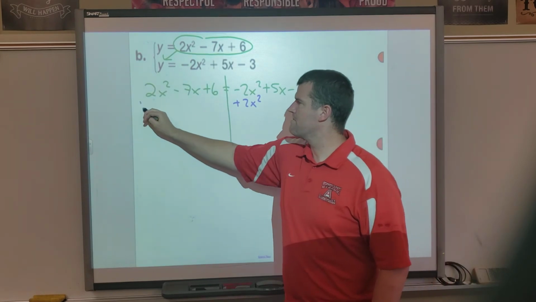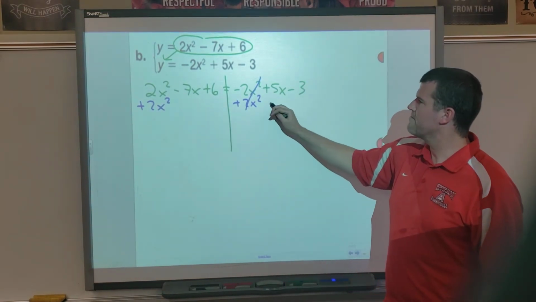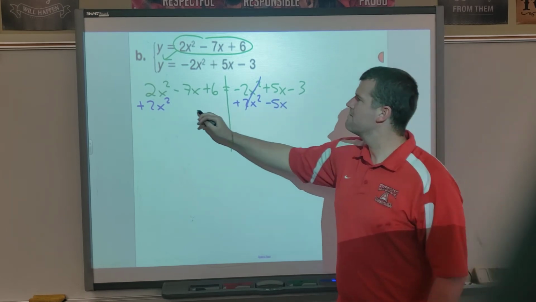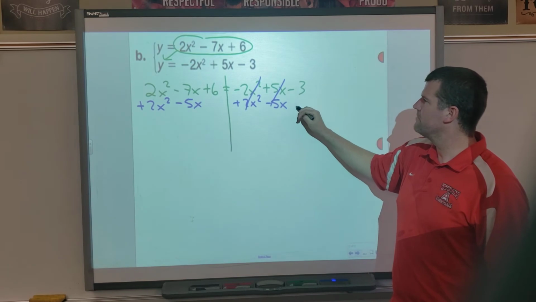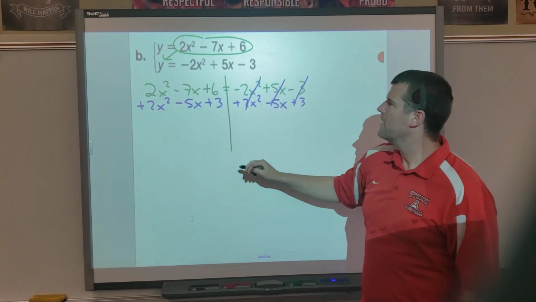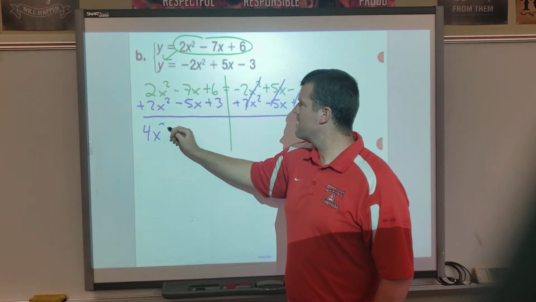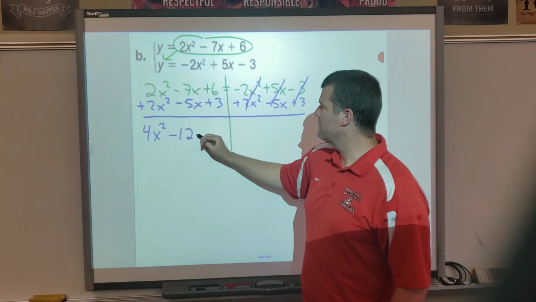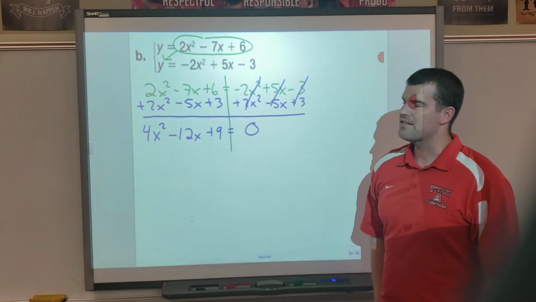Add 2x squared to both sides. Get rid of this by subtracting 5x from both sides. And to get rid of the negative 3, we're going to add 3 to both sides. And we end up with a new equation of 4x squared minus 12x plus 9 equals 0.